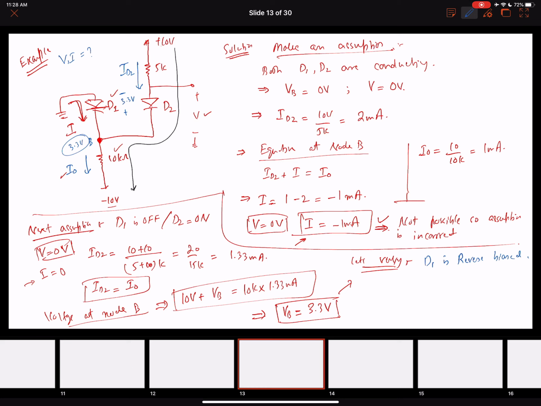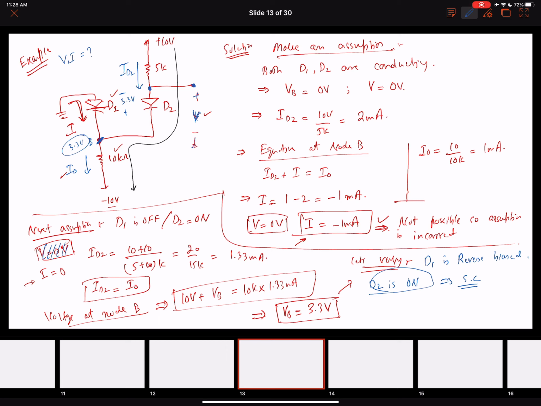All right. Another thing is, since our D2 was short circuit, it will not be 0 volts now. Since our D2 was short circuit, and D2 was on, the potential difference between this point and this point will be the same.